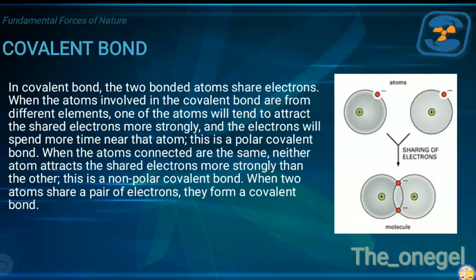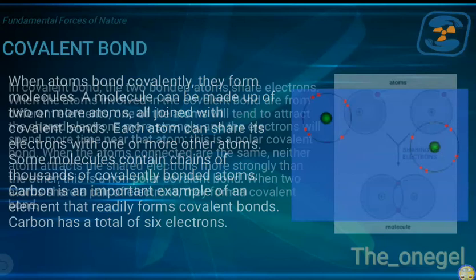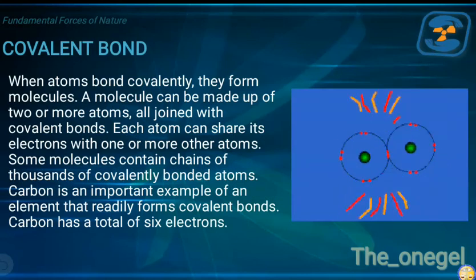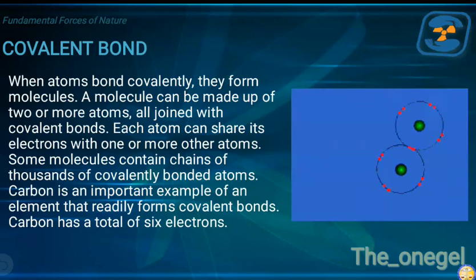And when two atoms share a pair of electrons, they form a covalent bond. So when atoms bond covalently, they form molecules. And a molecule can be joined up of two or more atoms, all joined with covalent bonds. Each atom can share its electrons with one or more other atoms.